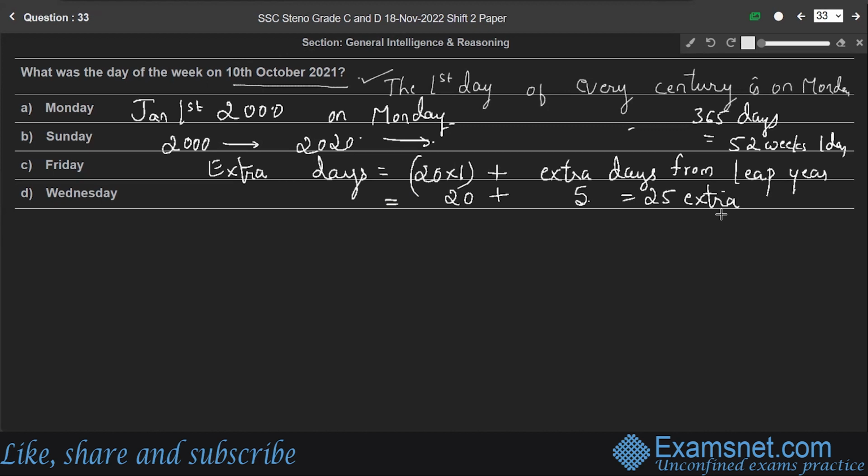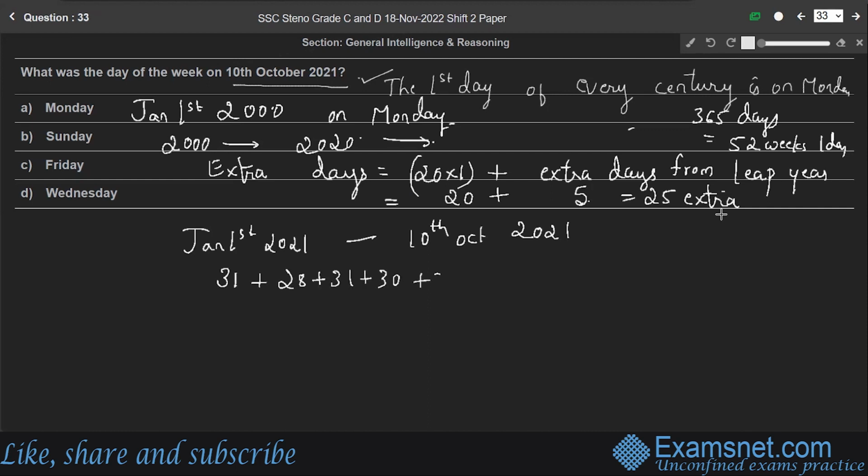Apart from that, from Jan 1st, 2021 to 10th October 2021, how many days do we have to count? In the month of January, 31; since it is not a leap year, February 28, March 31, April 30, May 31, June 30, July 31, August 31, September 30, and in October we have to consider only 10 days.